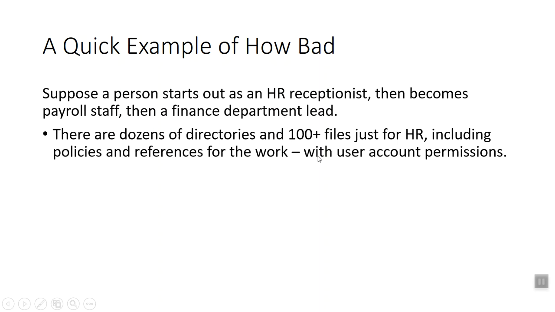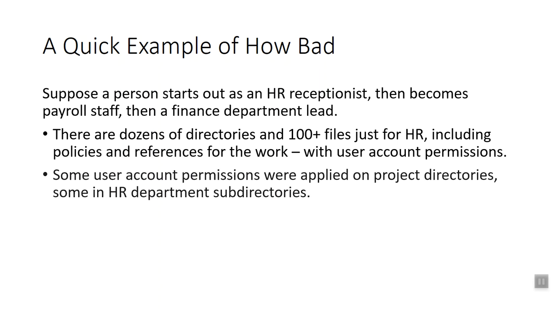And if those are provisioned with user account permissions, that means the name of that user account, their name is tagged on all of those resources. Not a role, but their name directly. And let's say that some of their names, well, the name of that one person is on some of the other project directories and HR department subdirectories, okay?